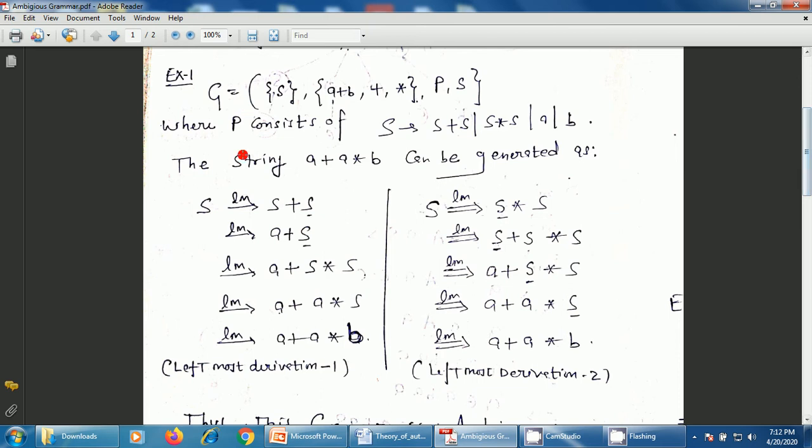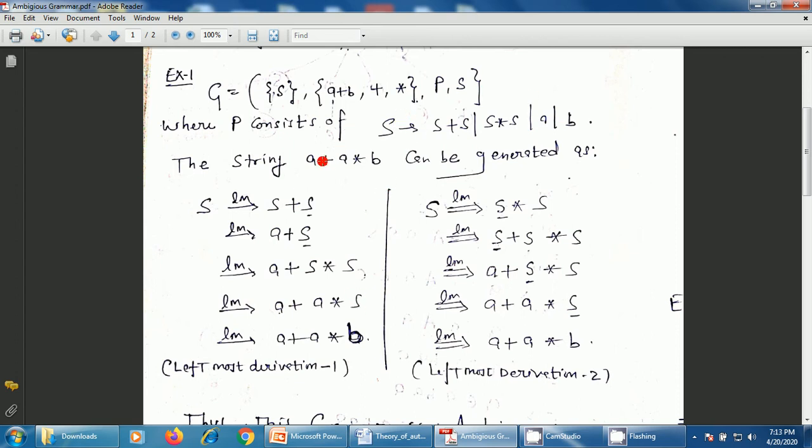So it is very clear that this string is a sentence of this grammar, and this is a derivation, and this is also a derivation, and this is a leftmost derivation, and this is also a leftmost derivation. This is called leftmost derivation 1, and this is leftmost derivation 2. We know that for a particular string, if two leftmost derivations or two rightmost derivations are possible, then that particular grammar is ambiguous grammar.